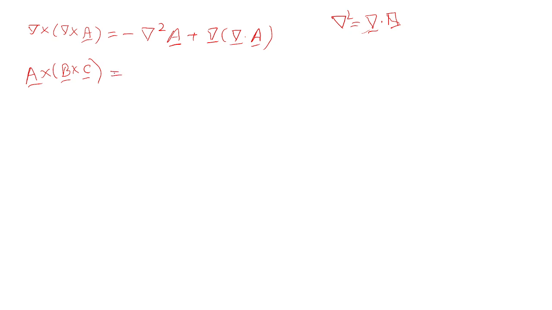If you are interested in this vector triple product, I will follow this rule. You see, the first one is del dot del operator A, and the second one is clear, the gradient of the divergence of A.